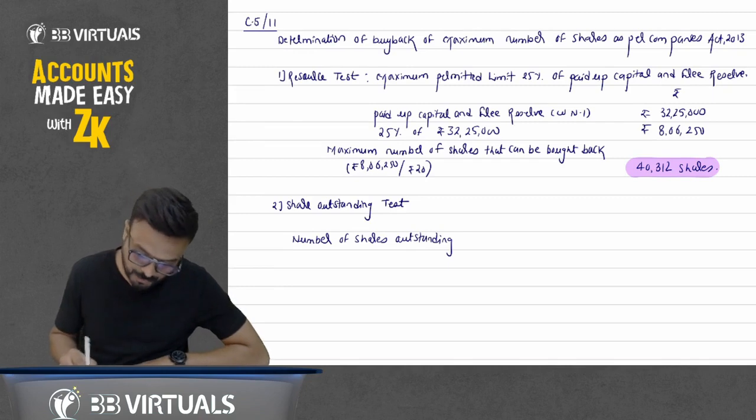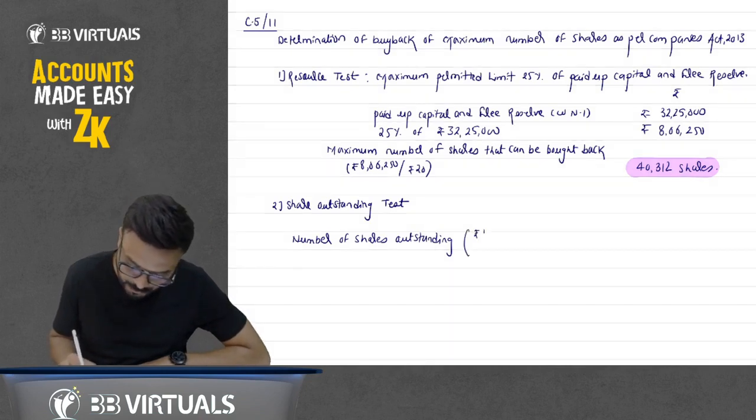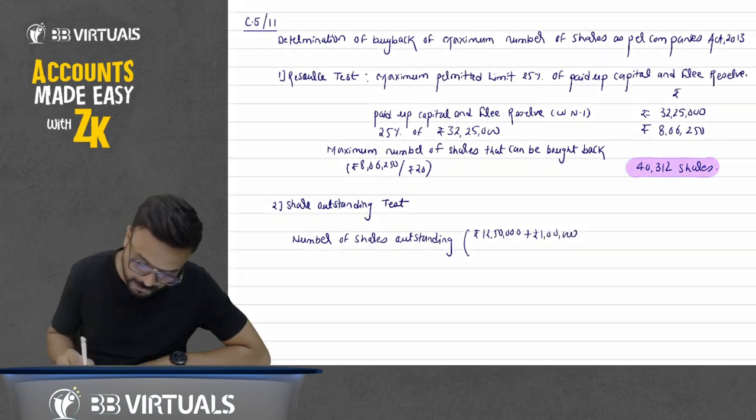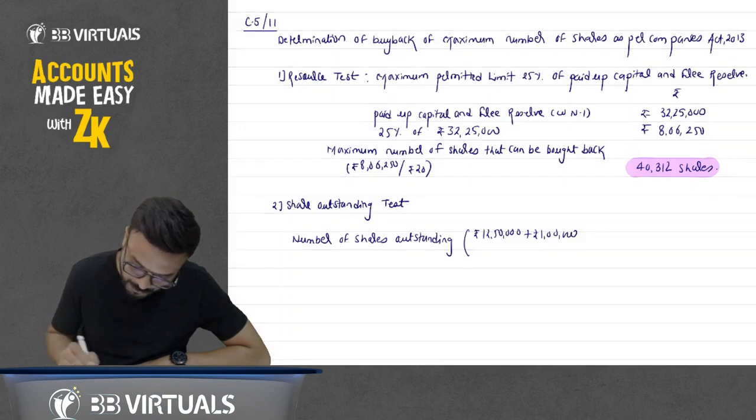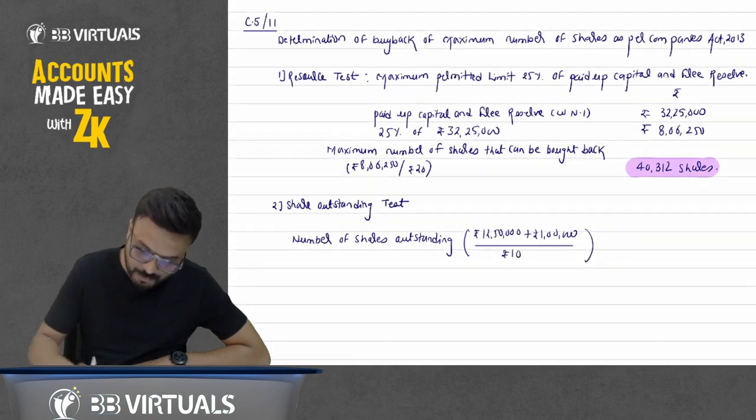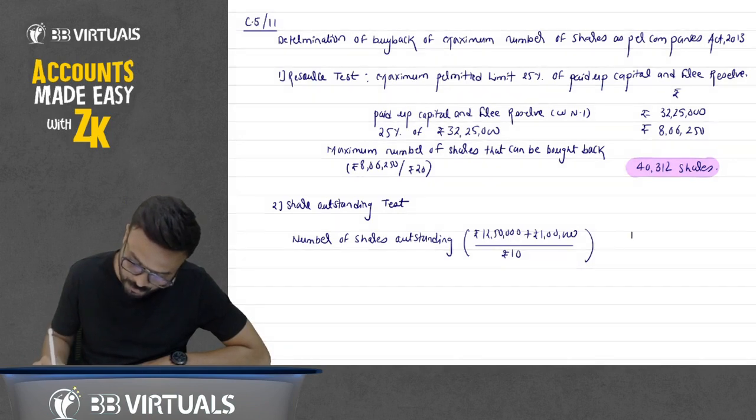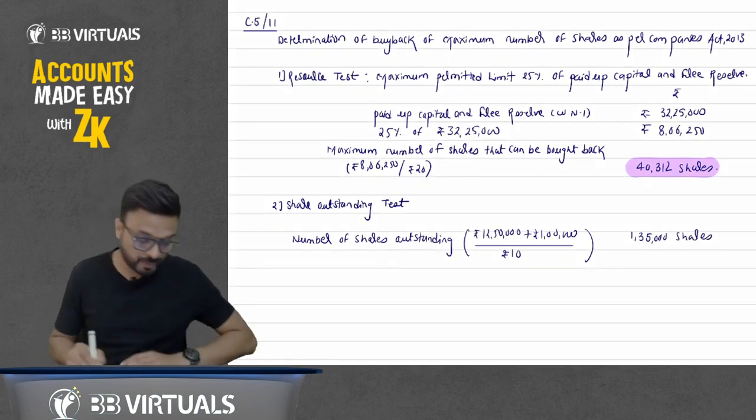So total amount of share capital is 12,50,000 plus 1 lakh of bonus shares. And one share is of rupees how much? One share is of rupees 10. So divided by 10, 13,50,000 divided by 10. So total number of shares outstanding is 1,35,000 shares. Maximum permitted 25%.